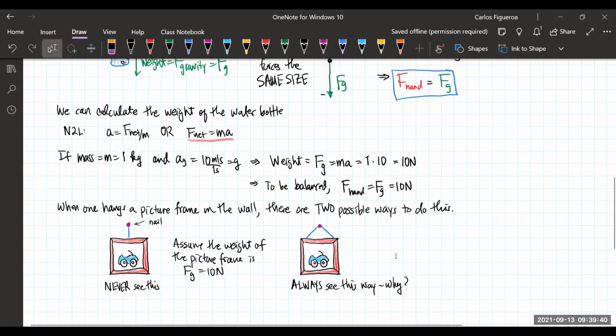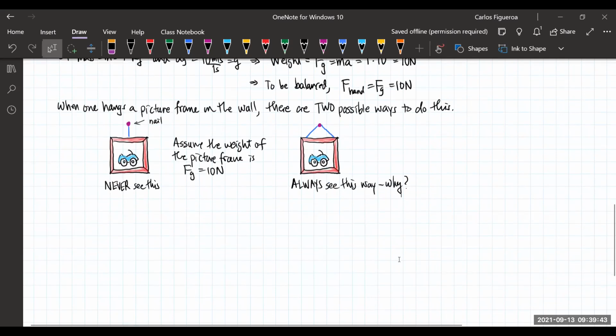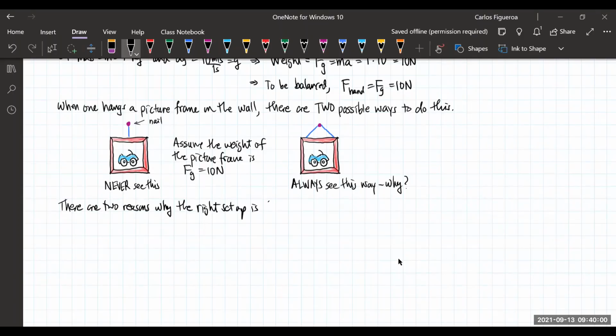And I would say there are two reasons why the right setup is always used. One, it's easier to adjust the frame.